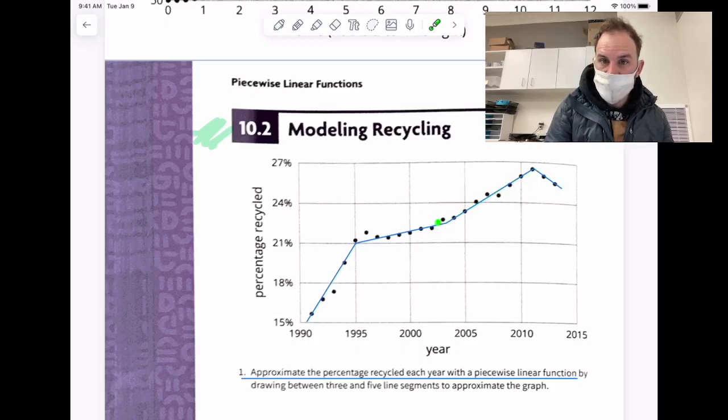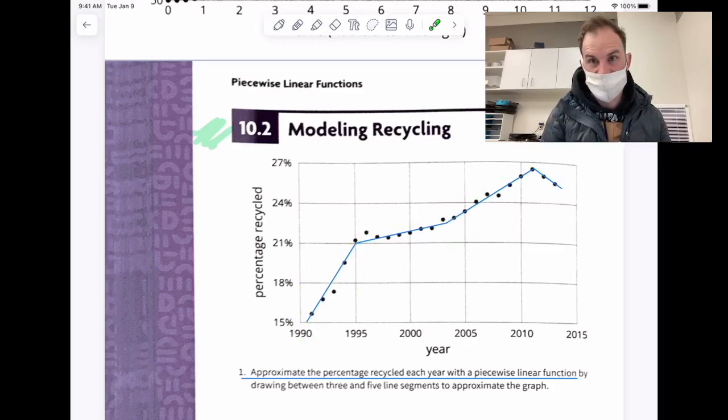So what piecewise functions do is they allow us to generalize our data so that we can use unit rates to describe what's going on in the situation. So I can describe how the rate of garbage recycling changed. It was doing really good in 1990 to 95, right?